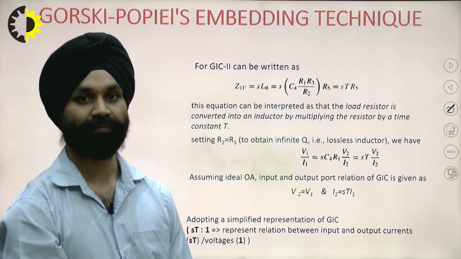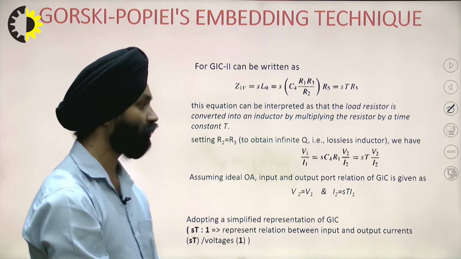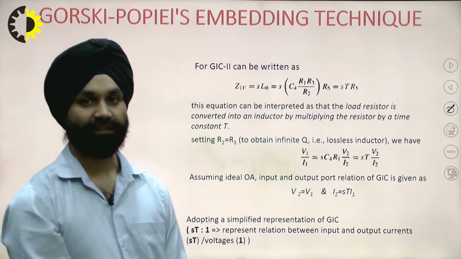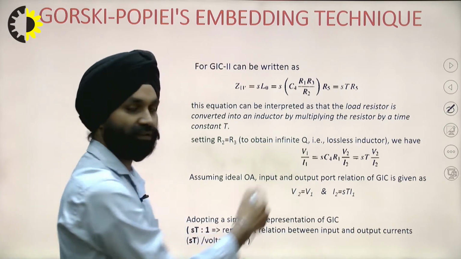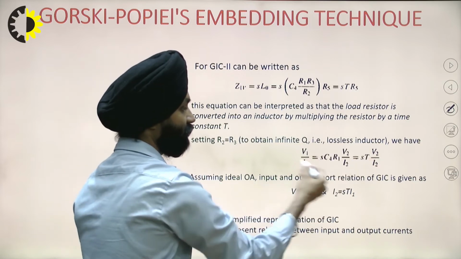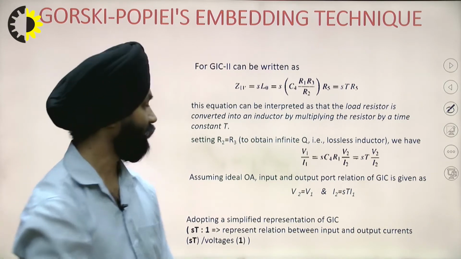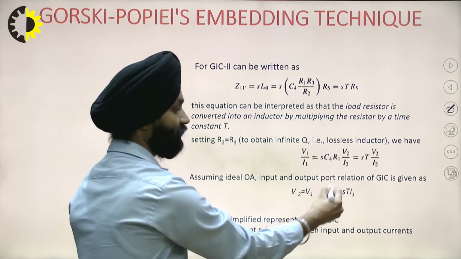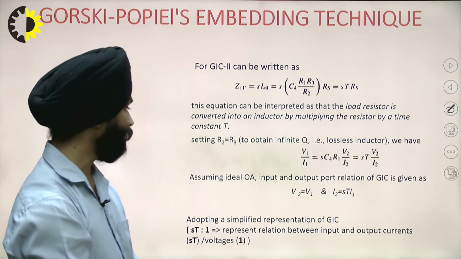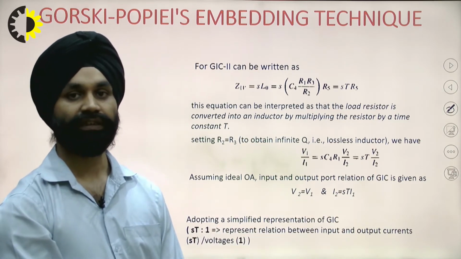If we assume that the ideal op-amp input and output ports of the GIC are related, then V1 is equal to V2, and then I2 is equal to S T I1. Or we can say that the ratio of I1 and I2 is S T to 1.